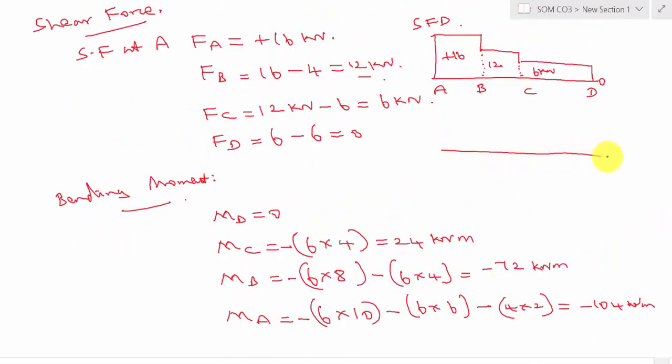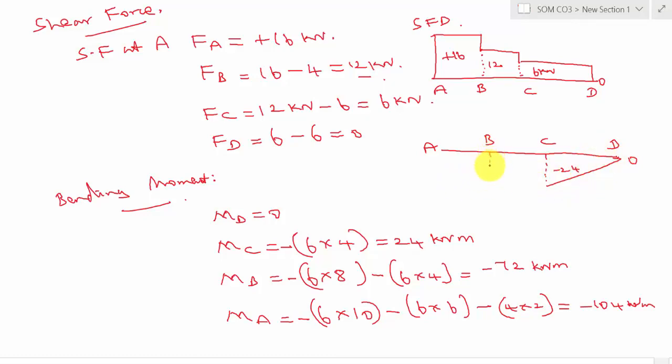So this is my bending moment diagram. This is point A, B, C and D. So at point D, the bending moment is 0. At point C, the bending moment is minus 24 kilonewton meter. And for a point load, the bending moment is an inclined linear line.